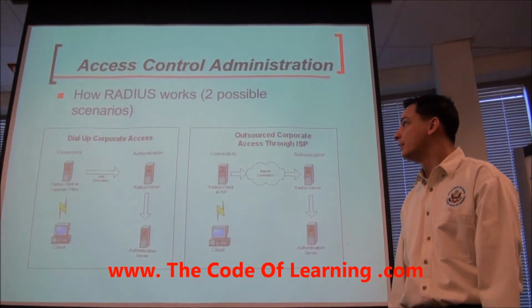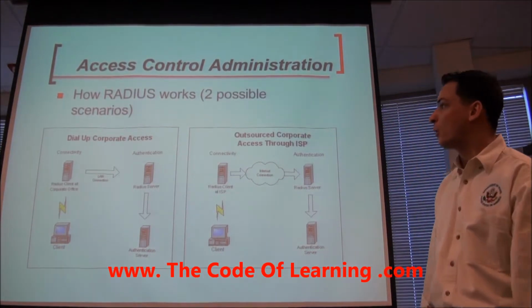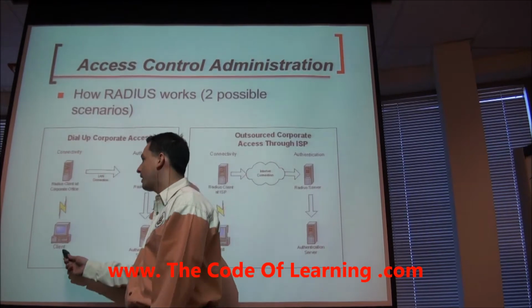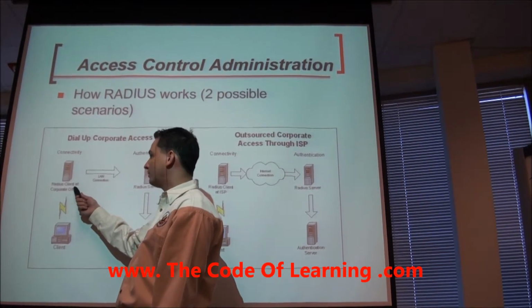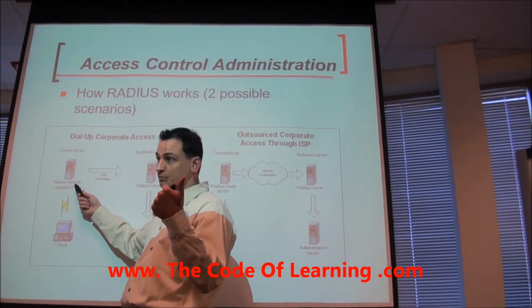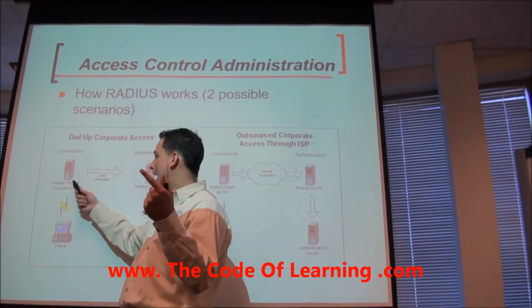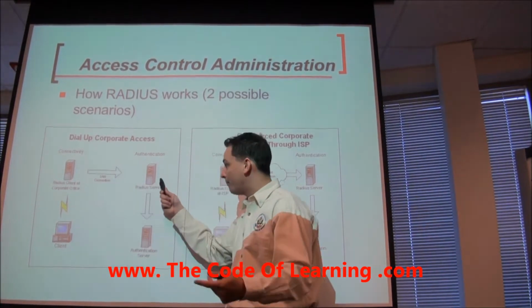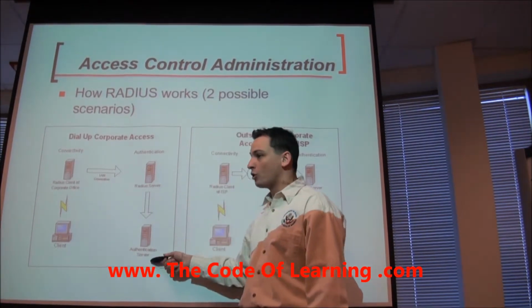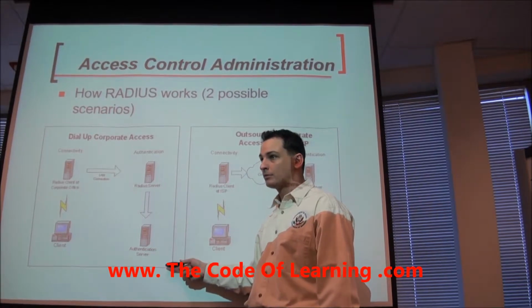So here you go. Two possible scenarios for Radius. You've got dial-up corporate access. In this case, the client connects to the Radius client and presents his identification, gets authenticated, and then gets authorized, based on the relationship between the Radius client and the Radius server, for what you can do on the corporate network.